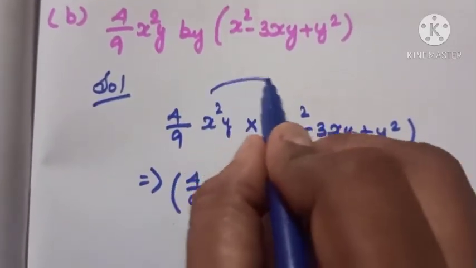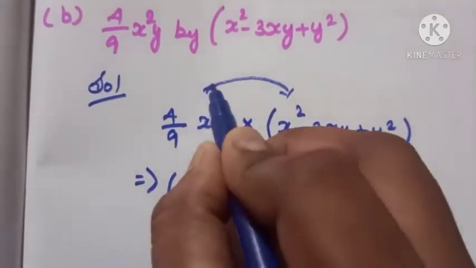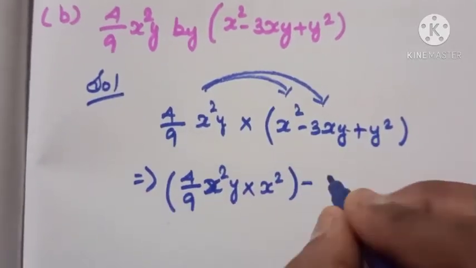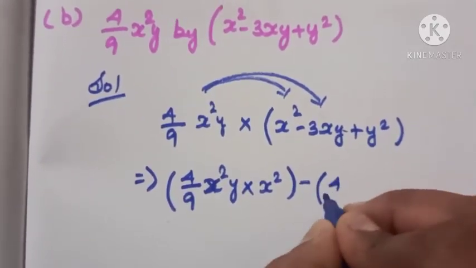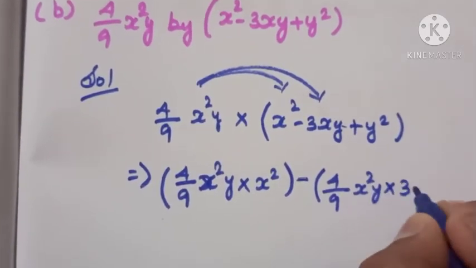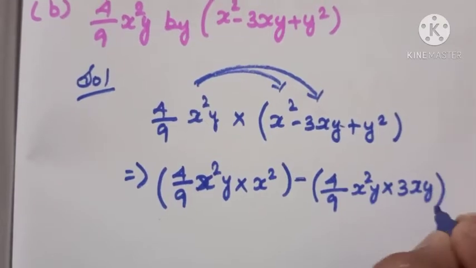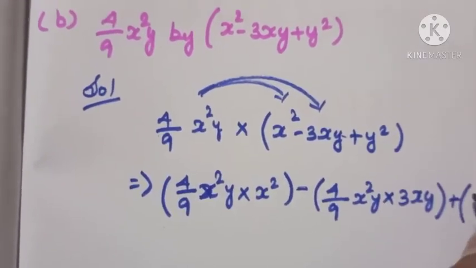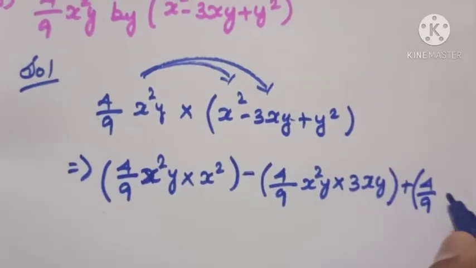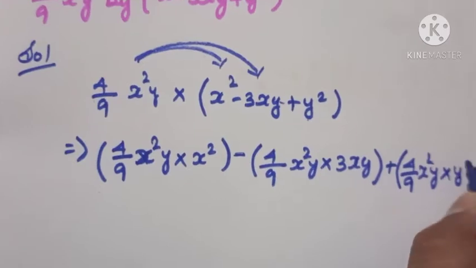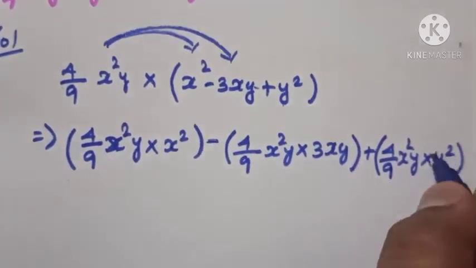And next we need to concentrate on the other term. Plus into minus, now we need to show. So 4 by 9 x square y is multiplied with 3xy. Again plus into plus becomes plus. Same, 4 by 9 x square y is multiplied with the y square.